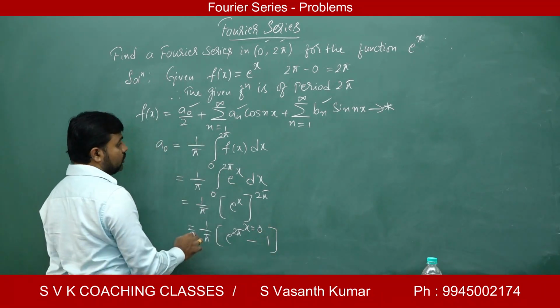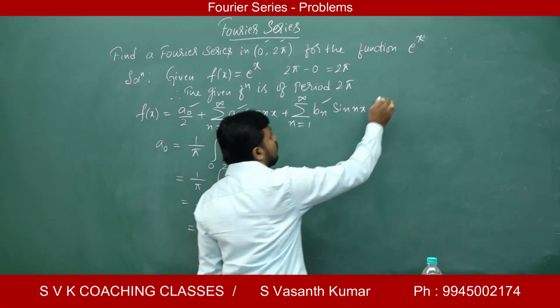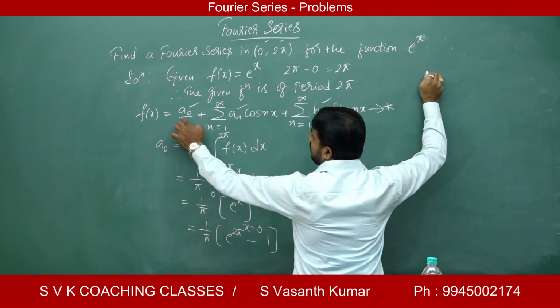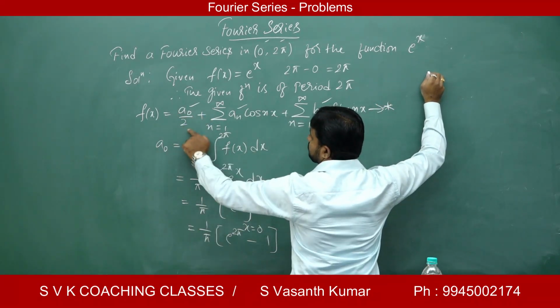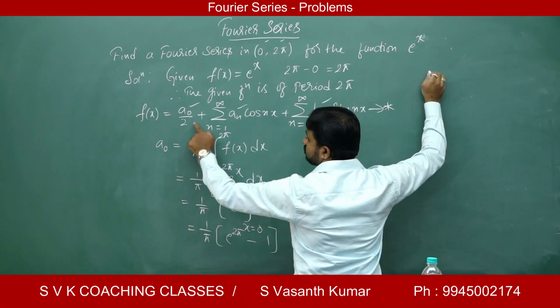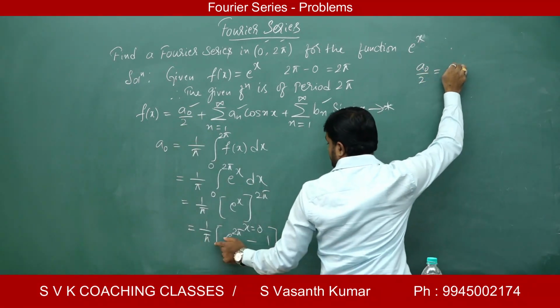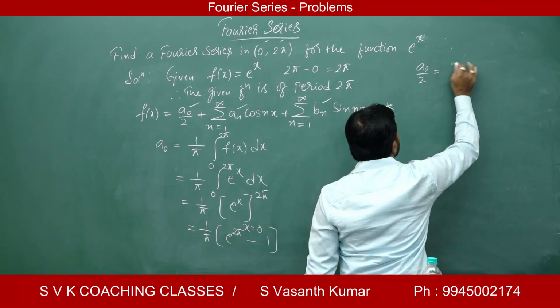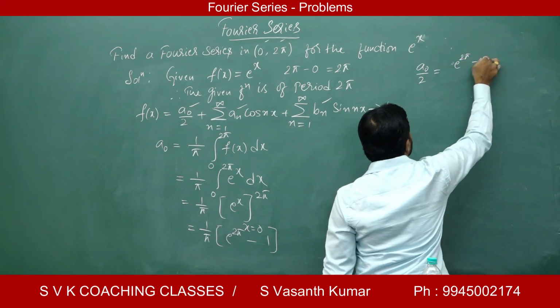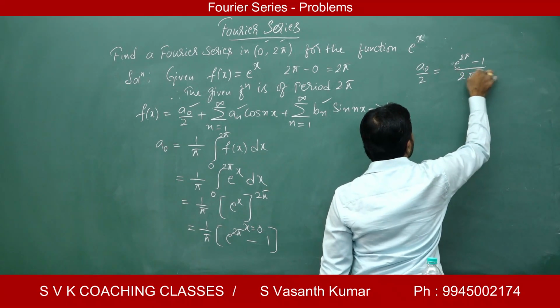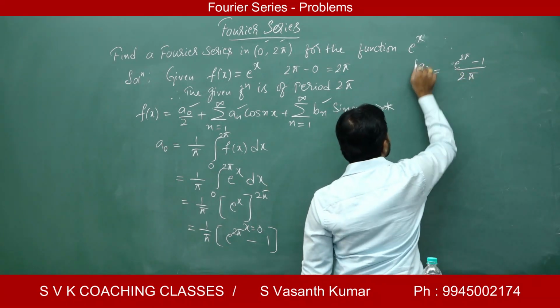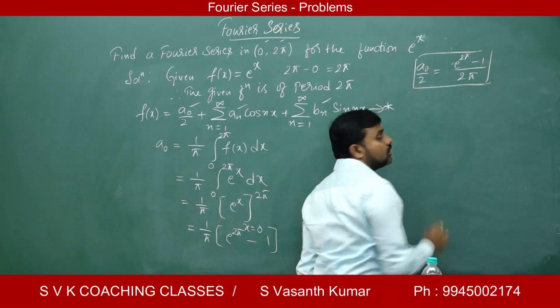So therefore you came to know what is a naught. We required a naught by 2 in the given expression, so divide by 2, we get a naught by 2 is equal to e power 2 pi minus 1 divided by 2 pi.